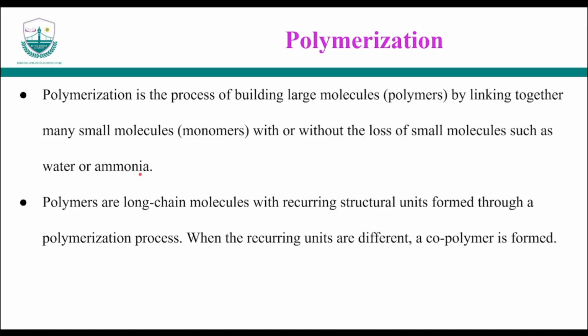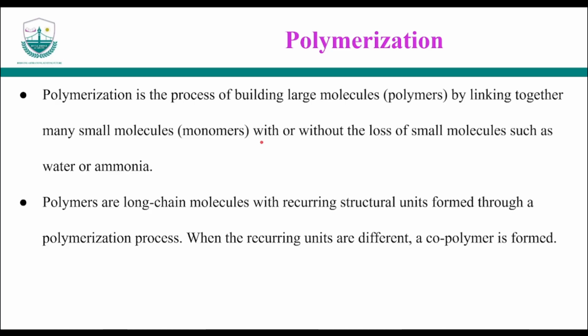A polymer is made up of many smaller molecules that we call monomers, and the bigger molecule is the polymer. The joining of these smaller monomers to form a bigger polymer is what we call polymerization.